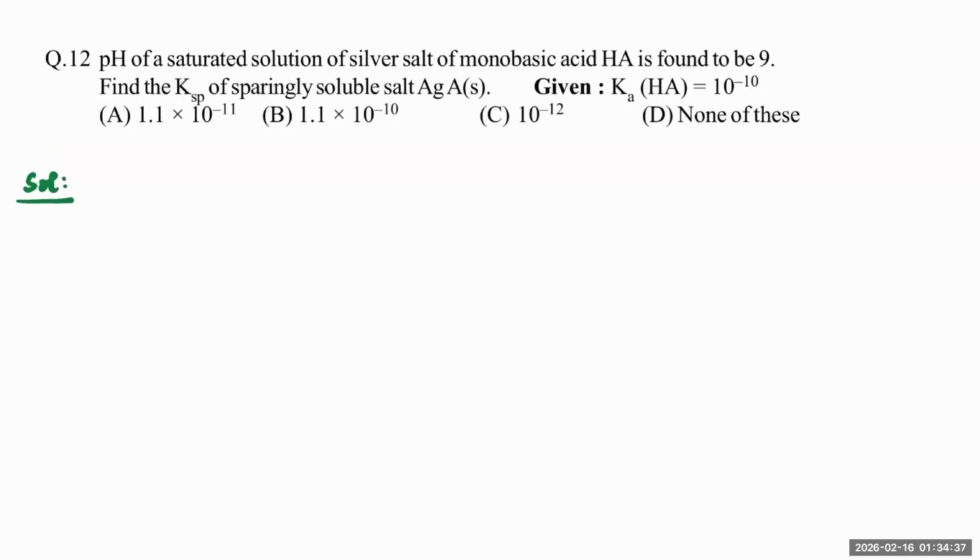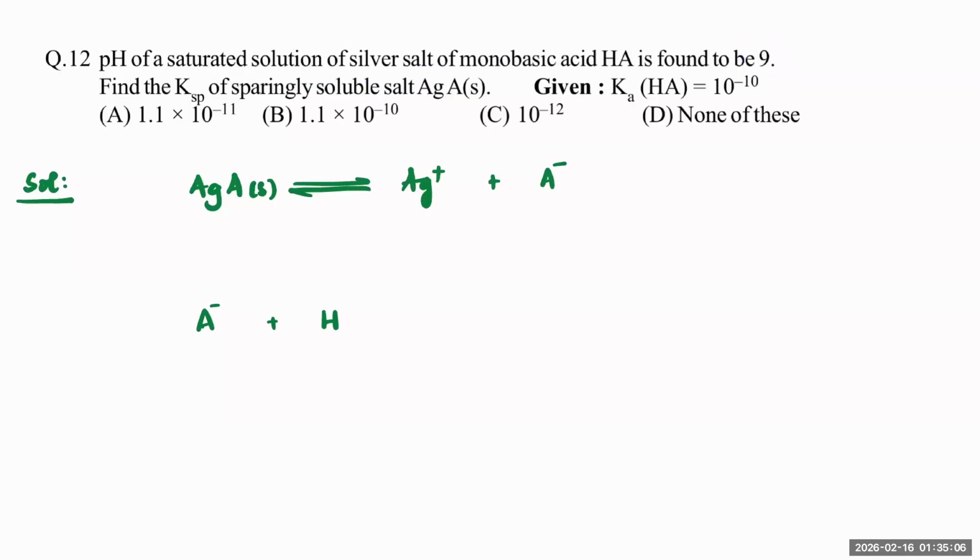We are talking about a salt AgA solid which will ionize into Ag plus and A minus. The pH of the solution, of the salt solution, is found to be 9.